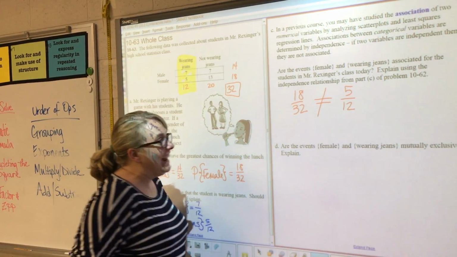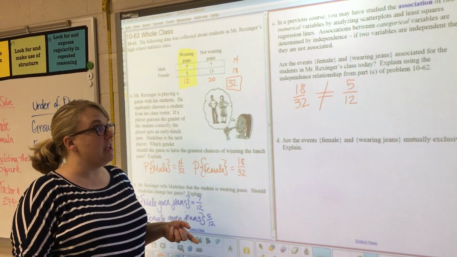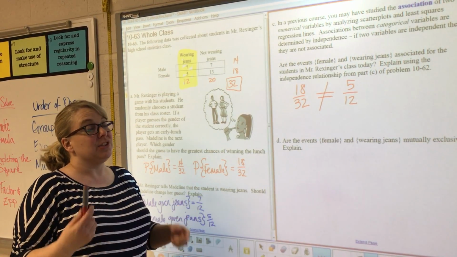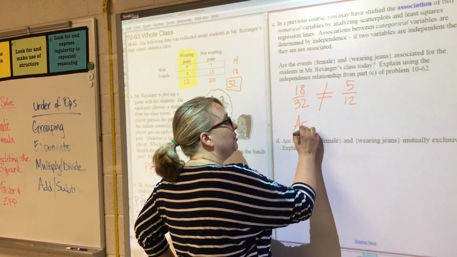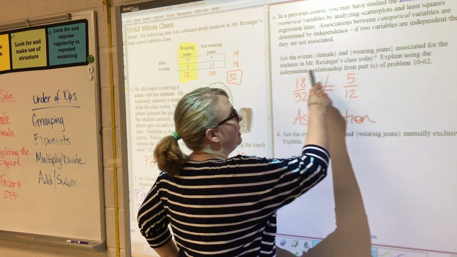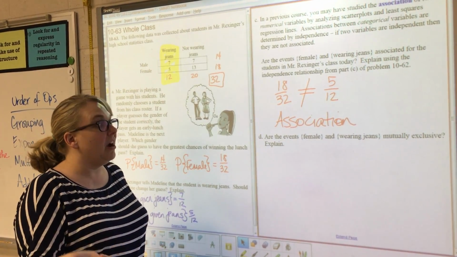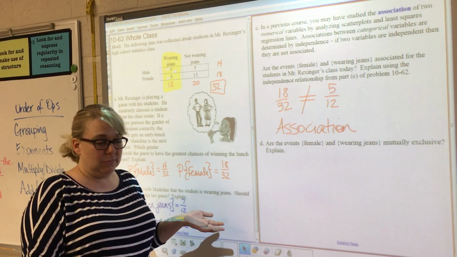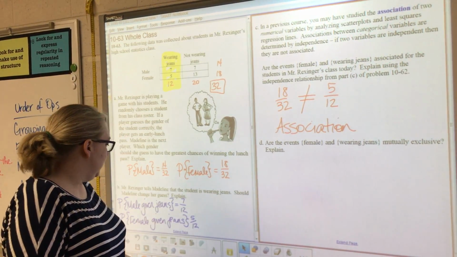These things are not equal. That means they're influencing the probability of the other. So that means they are associated or not independent. So those two things do have an association. Being female is influencing the probability of wearing jeans. Are they mutually exclusive? No. You can be a female and you can wear jeans, so they are not mutually exclusive.